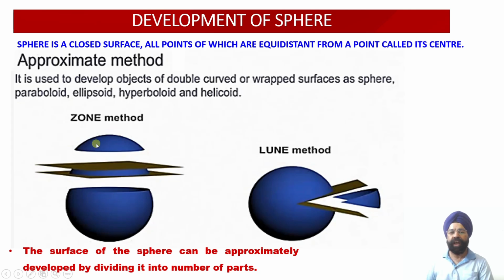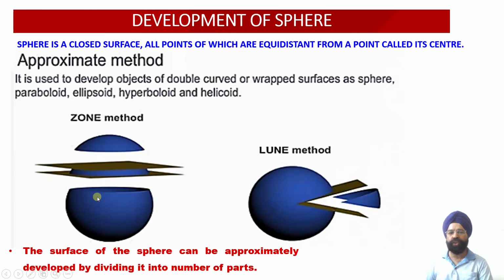The uppermost zone behaves like a cone. As an approximation, we assume that this upper part of the sphere acts like a cone, so the development of the cone gives us the approximate development of the upper segment of the sphere.